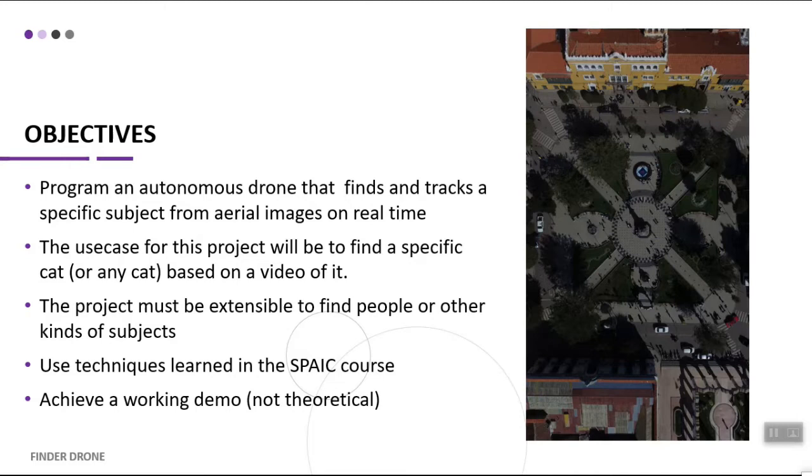Also, one objective is to use the techniques learned in the course, and one more objective is to achieve a working demo, not theoretical. We wanted to do a demo with a real drone and all that, and not just a theoretical work.